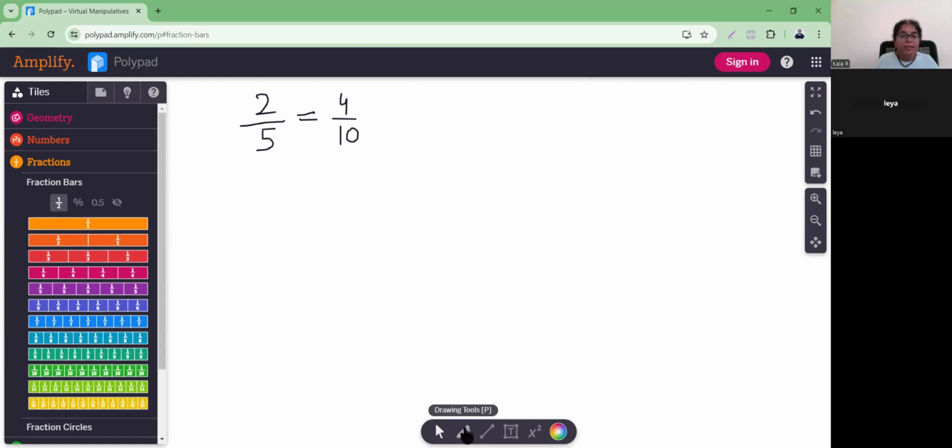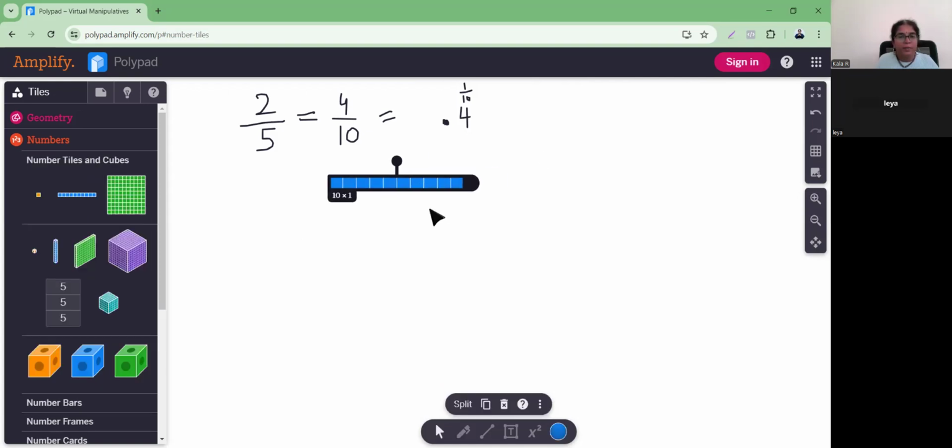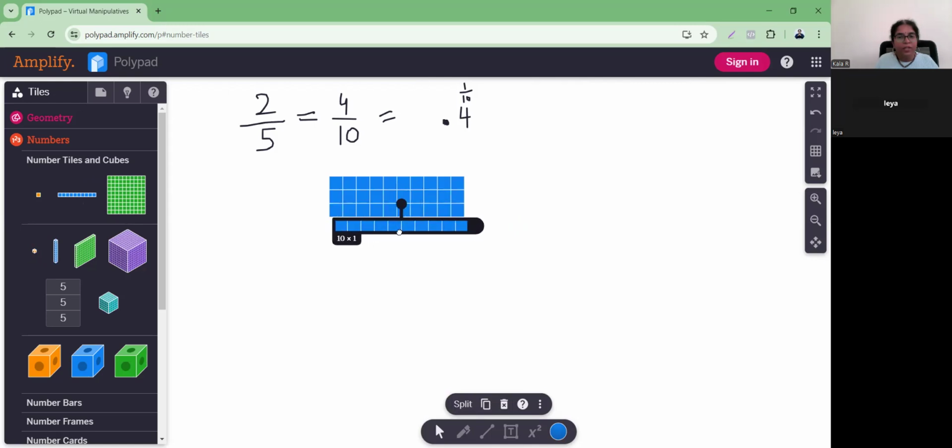Now, because it is in the form of 4/10 and the denominator is 10, we know that the 1/10th place will have a 4. Why? Because it will have 4 rods. 4/10 means 1, 2, 3, 4. This many things will be there, and for everything it's a 0.1, 0.1, 0.1.